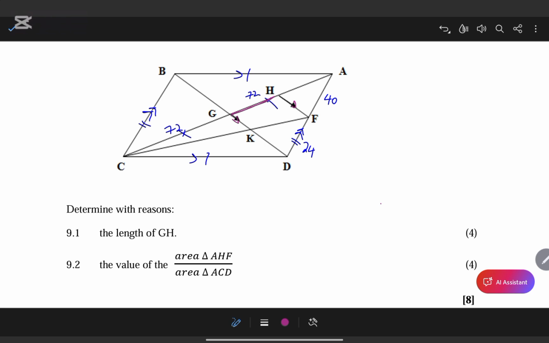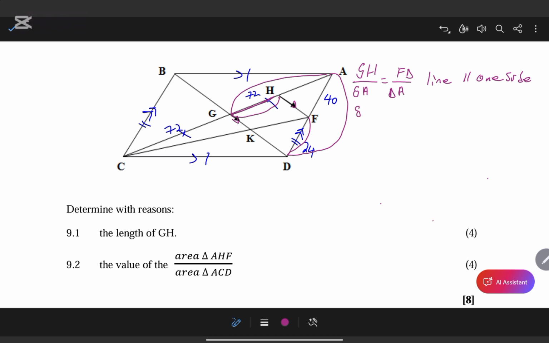Since we know the whole length of AG is 72, and we are looking for HG, we can express our proportionality ratio in this format. GH to GA is equal to FD to DA, and you simply write the reason: line parallel to one side of a triangle, or you can write proportionality theorem.